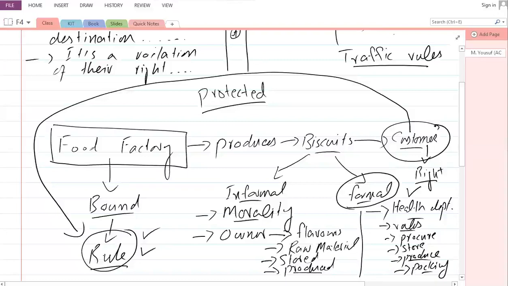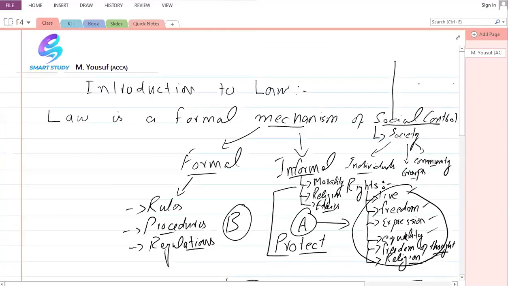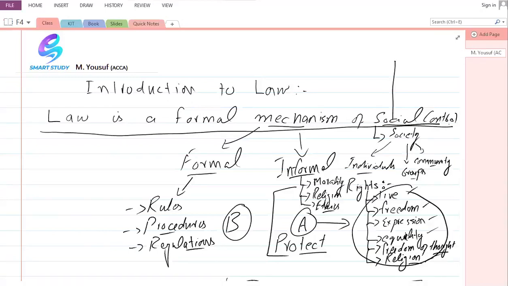So up till now, we have discussed the definition of law, and we have also discussed different examples. I think the definition of law is understood by the students. The law is a formal mechanism of social control.